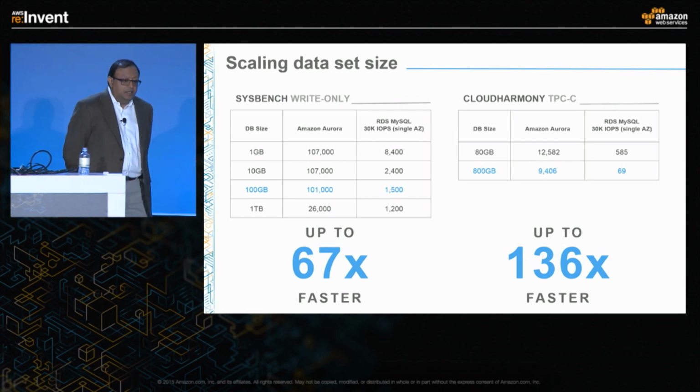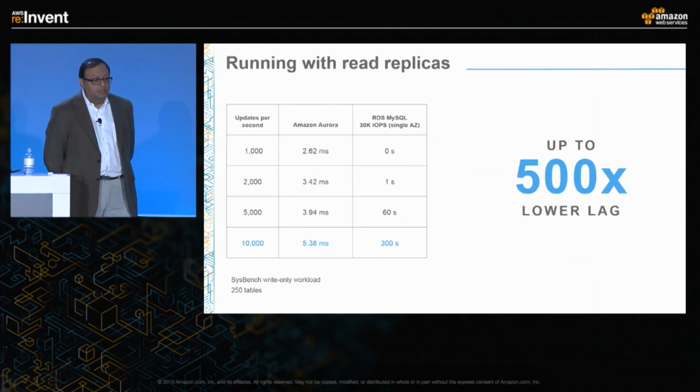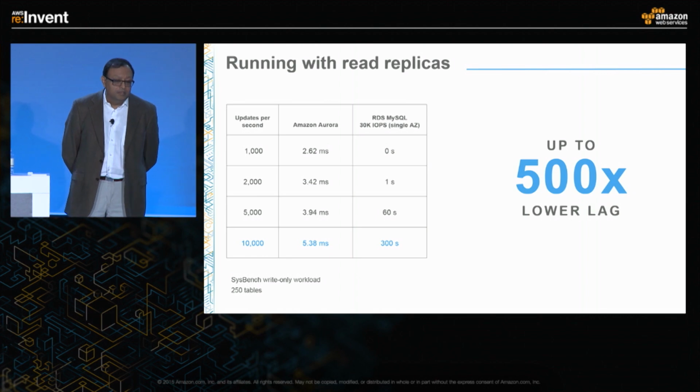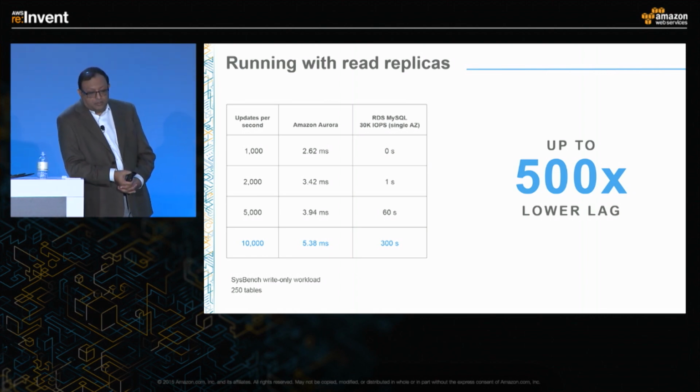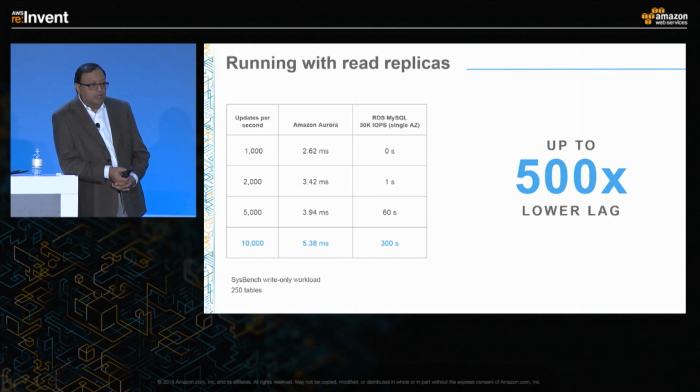If you want to run HA or high-throughput read queries, you're probably running read replicas. And read replicas in MySQL start to degrade as you throw a lot of updates per second through the system. We can talk about why that's the case. In Aurora, we actually use the read replicas as failover targets, so the replicas also provide you with HA failover capabilities.